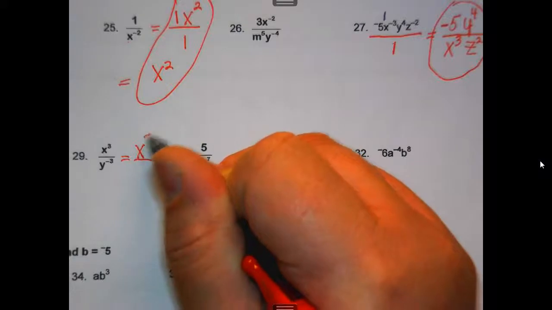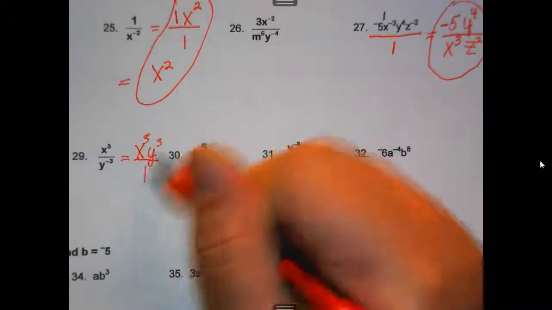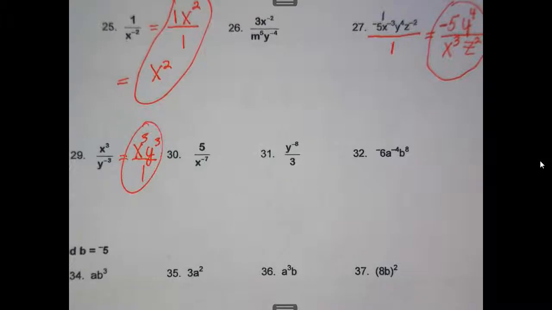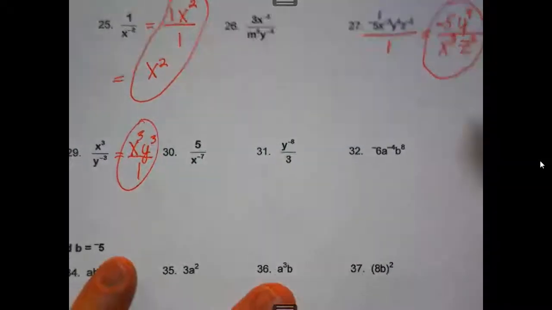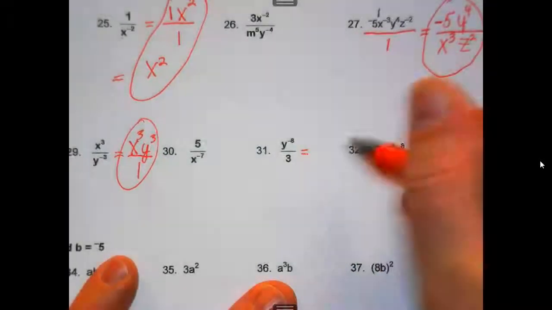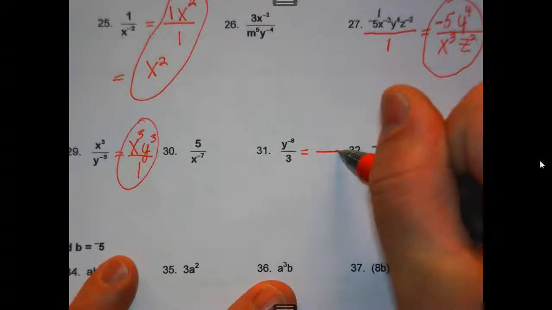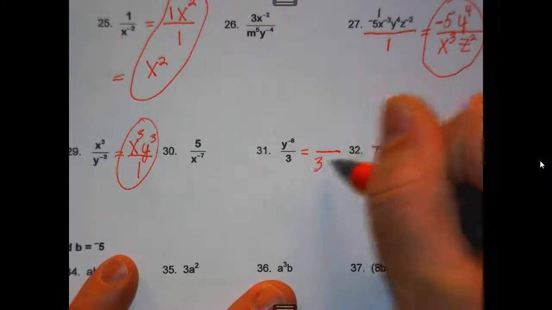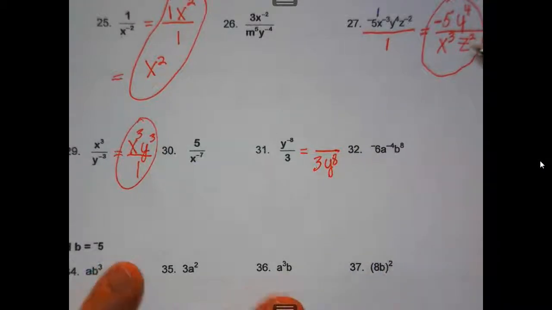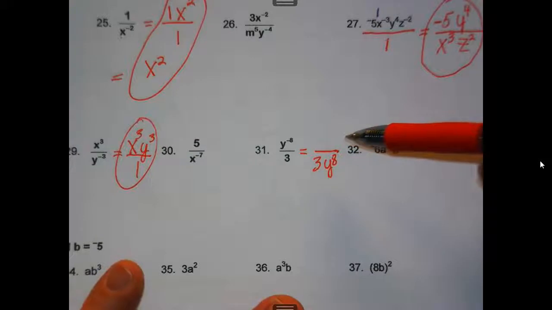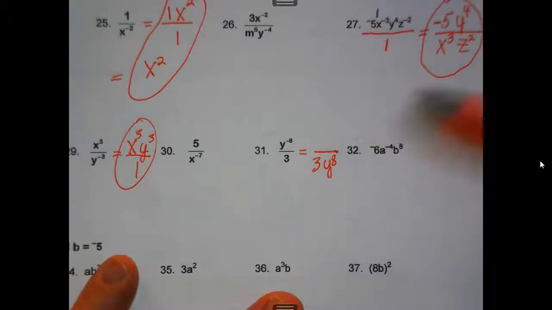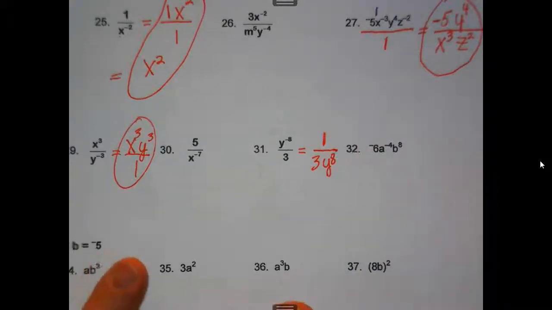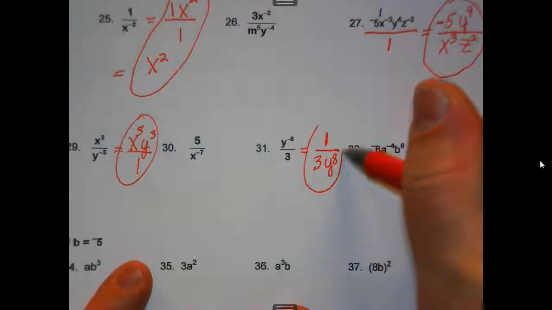Where does the y go? 31. Where does the y go? Bottom, right? Gabby, when I have nothing in the numerator, I have to put the 1 there. Okay, I can't just leave it off. If it was a denominator, I could, but not the numerator.